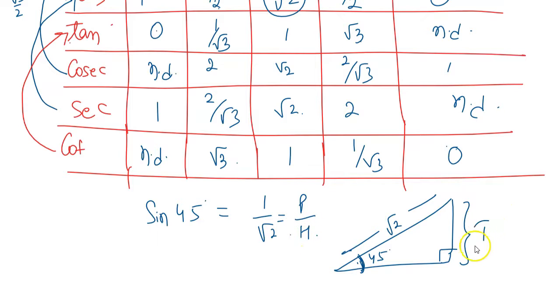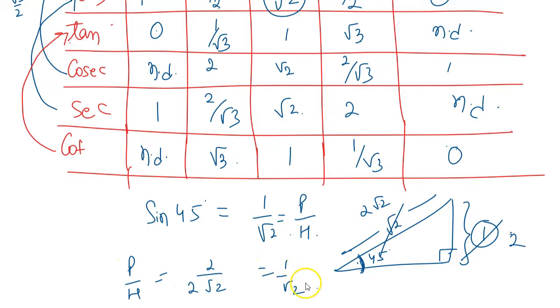It's not necessarily 1 and root 2; it may be in the ratio 1 is to root 2. Maybe it can be 2, so the other has to be 2 root 2. If you take the ratio 2 by 2 root 2, that is P by H, you will still get 1 by root 2. That's the meaning, that's how we use the trigonometric ratios at specific angles.